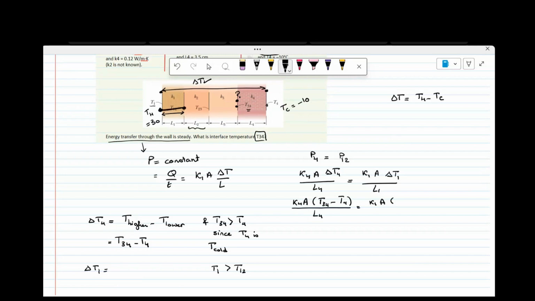So I have T1 and T12, but T1 is T hot, so it represents the higher temperature across this layer. So delta T1 will be T1 minus T12. I will substitute this here.